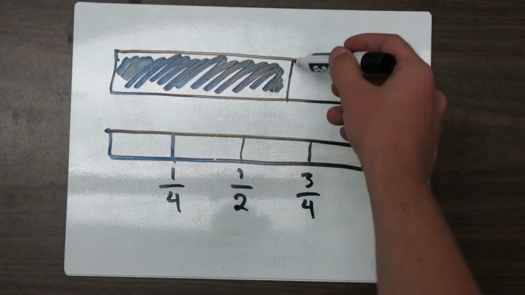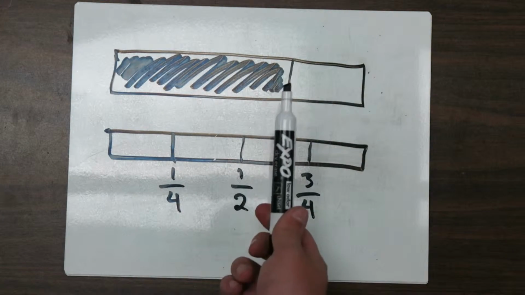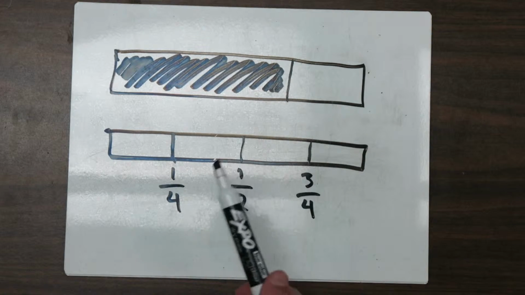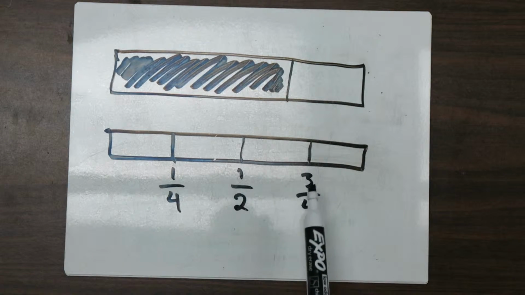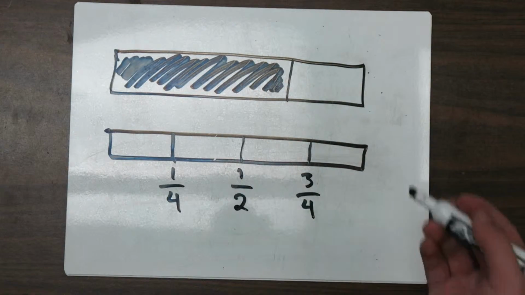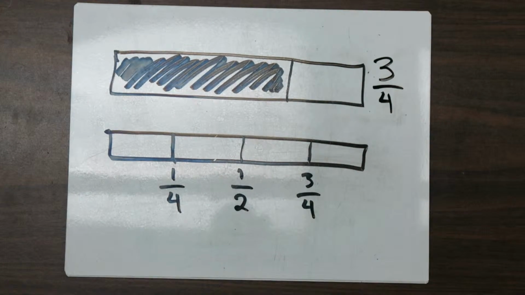If I look here, this is where this shape is shaded in, and I can line it up. It fits closely with 3/4. It looks kind of close to 1/2 as well, but I'm going to say it's a little closer to 3/4. So I would estimate that this fraction would be close to 3/4.